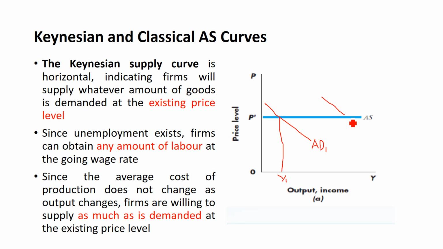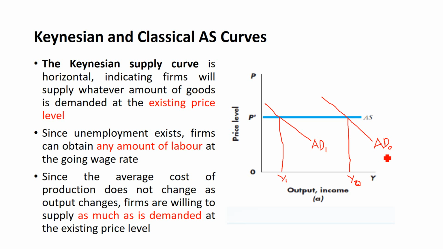If the demand for goods and services is high, AD0, firms will supply a higher quantity. Well, let's make that a 0 to coincide with the label on the aggregate demand curve.